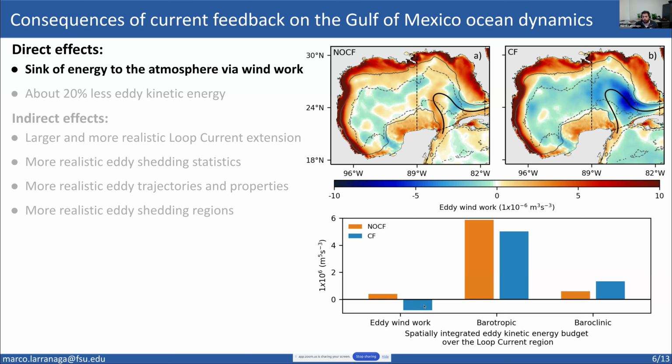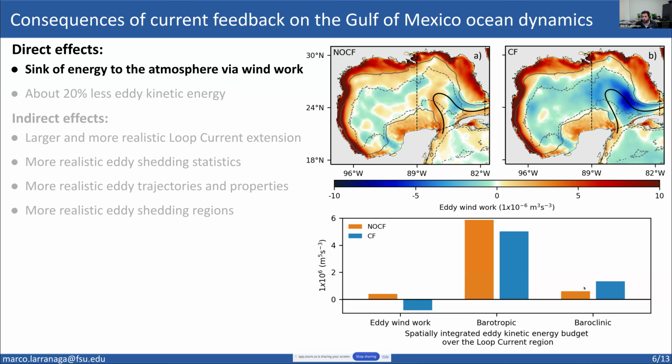So this has indirect effects on the eddy kinetic energy budget. For example, we are going to reduce the production of eddy kinetic energy through barotropic instabilities that are related to the horizontal shear of the currents. And it seems that by reducing the production of energy in the region, the ocean is going to try to stratify.